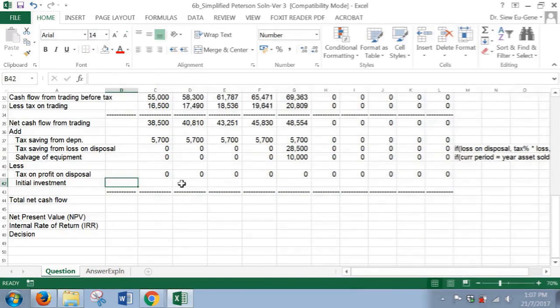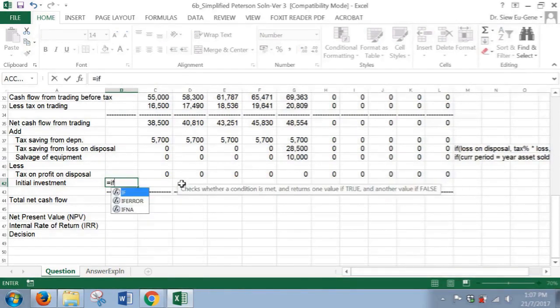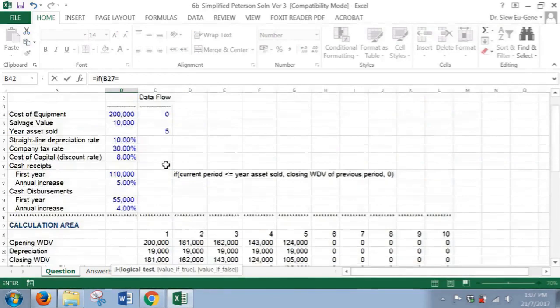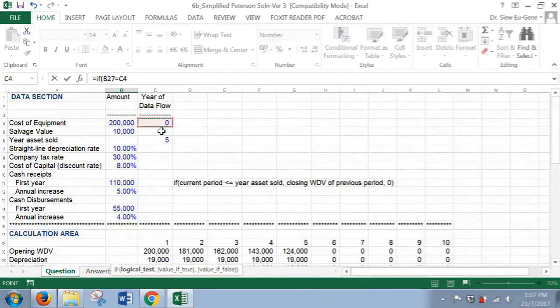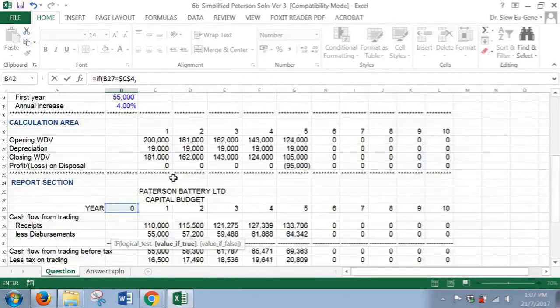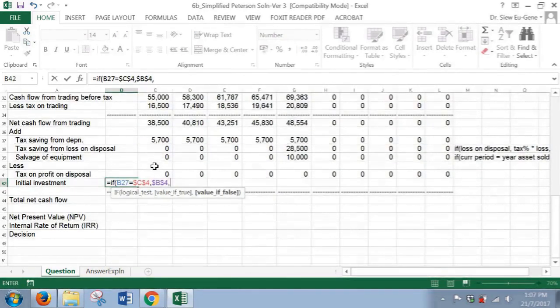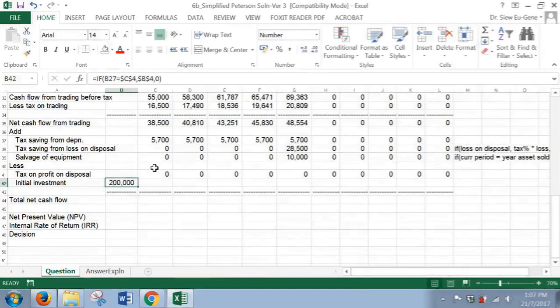For initial investment, we only make the outlay at year 0, at the start of the year. So we put if current period is at year 0, we have to buy the equipment for 200,000. Any other point is 0. Across.